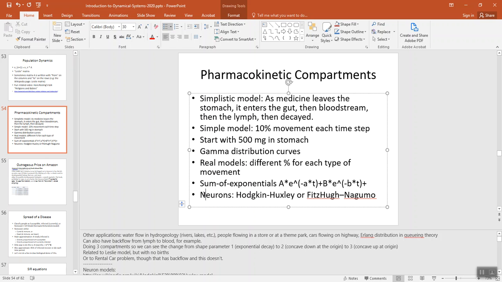You can do similar stuff for neurons and action potentials, the neuron firing and sending an impulse to another neuron, and these are the names of some of the models that do that.